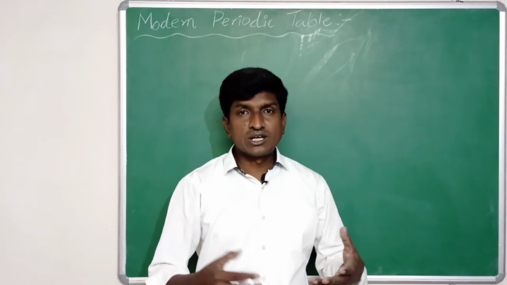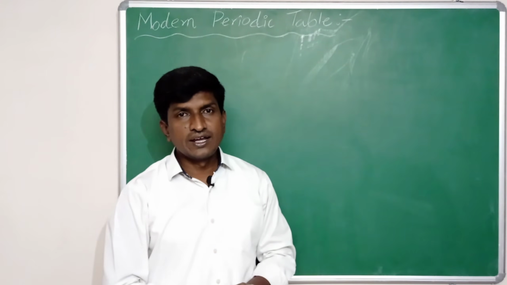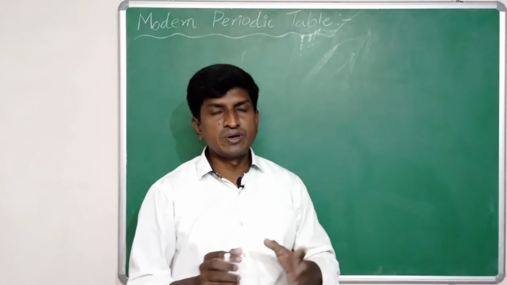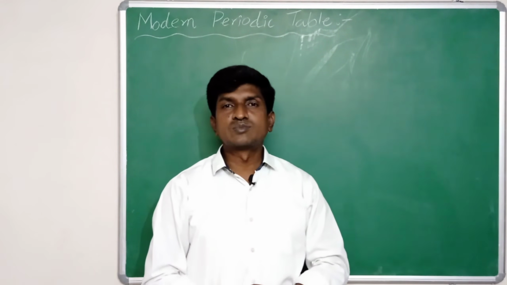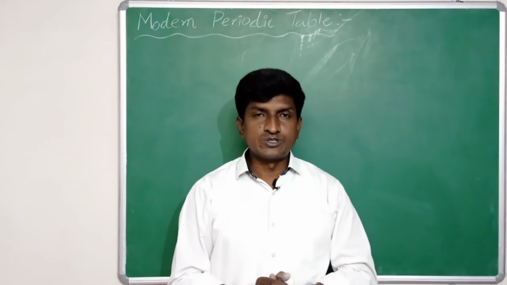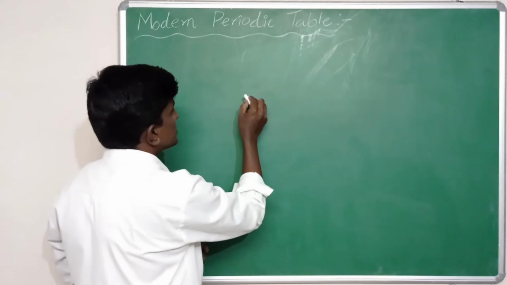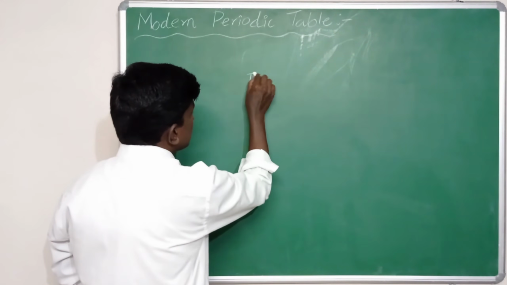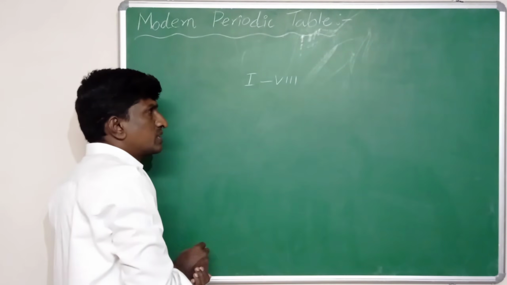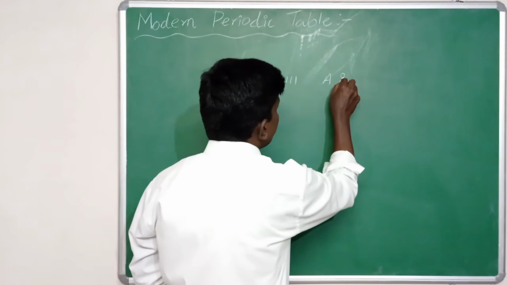So then what are groups? Let us learn clearly about groups and periods. In the modern periodic table, 18 vertical columns are there. These vertical columns are known as groups. In traditional notation, these are represented with 1 to 8 in Roman numerals with A and B series.